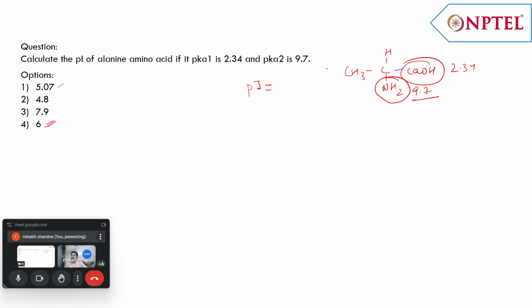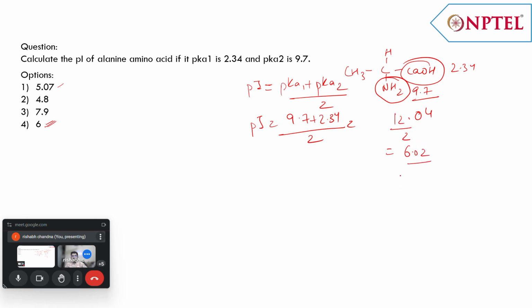So in this particular case, it is easier to calculate the pI because we only have two pK values. So it would be 9.7 plus 2.34 divided by 2. So the correct answer would be option number 4.